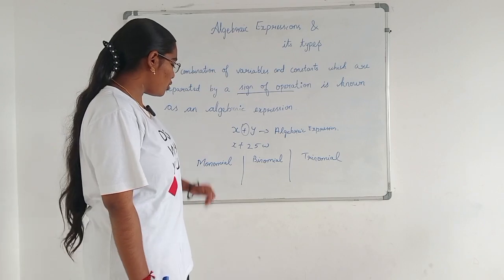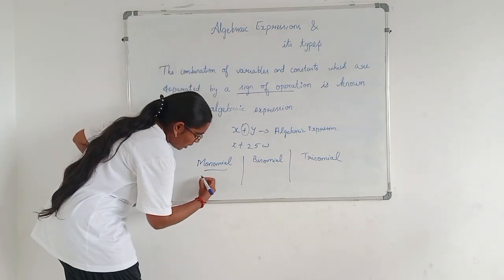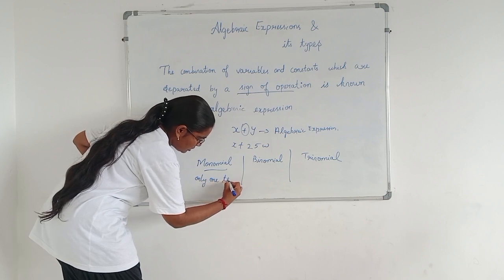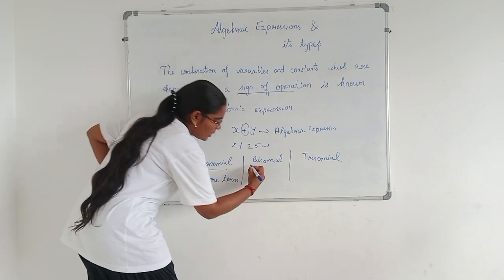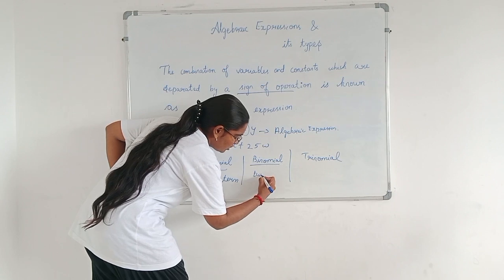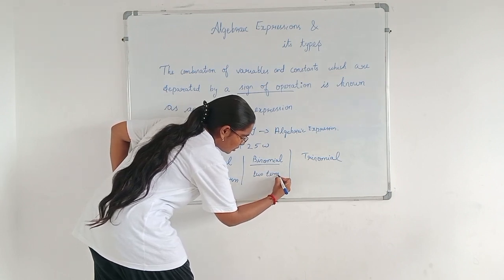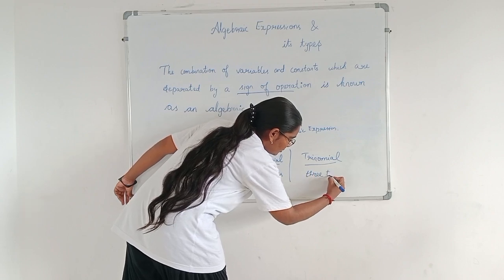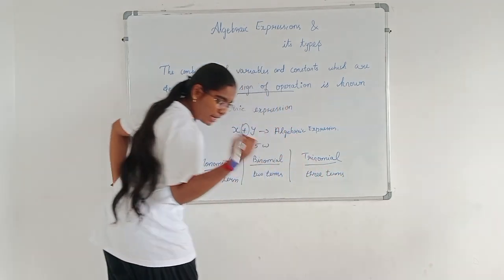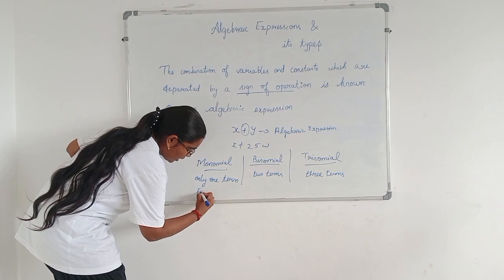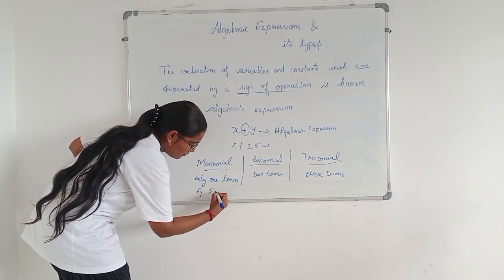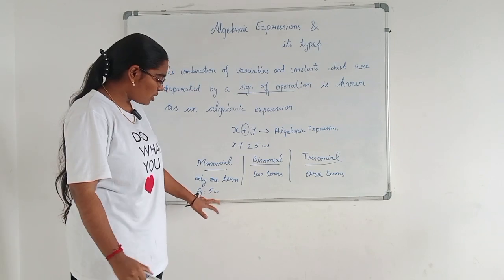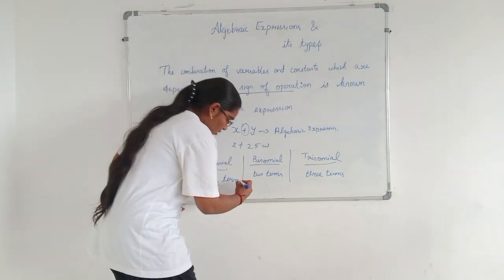In monomial there will be only one term. In binomial there will be two terms. In trinomial there will be three terms. For example, here 5w consists of only one term, so this is a monomial.